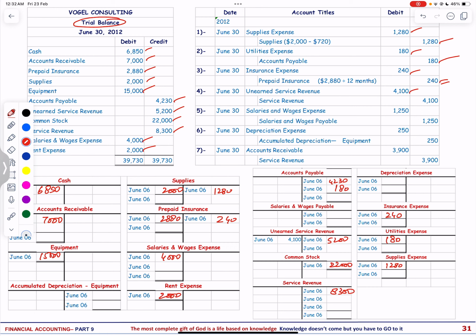Unearned service revenue 4100 credit. Sorry, 4100 debit. And then we have service revenue 4100 credit. Then we have salaries and wages expense, that is 1250. Then we have salaries and wages payable 1250.